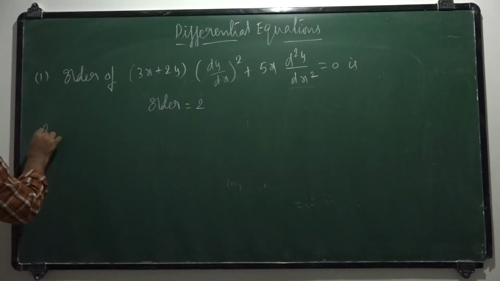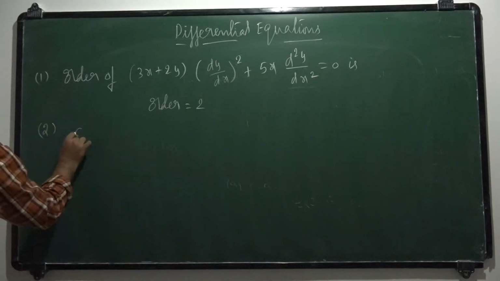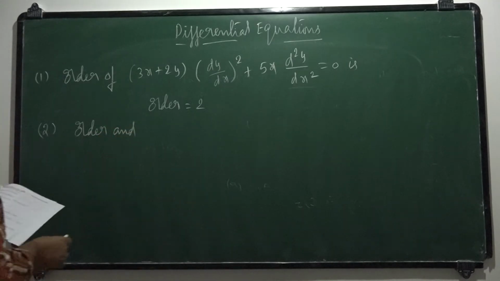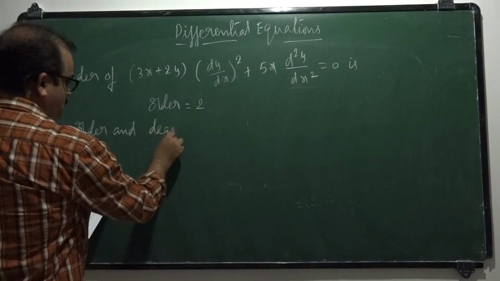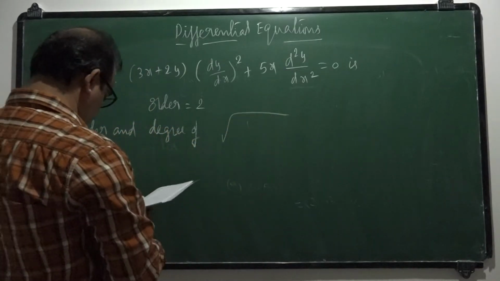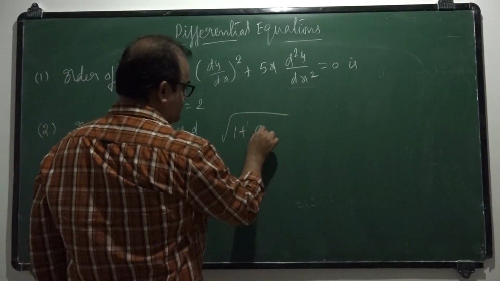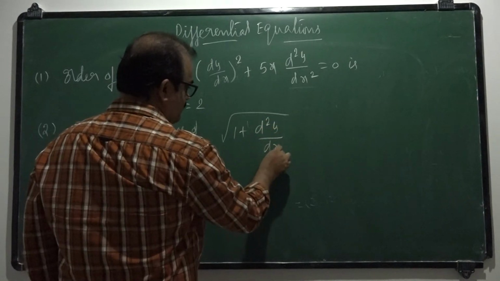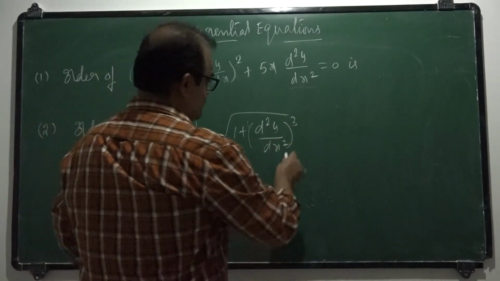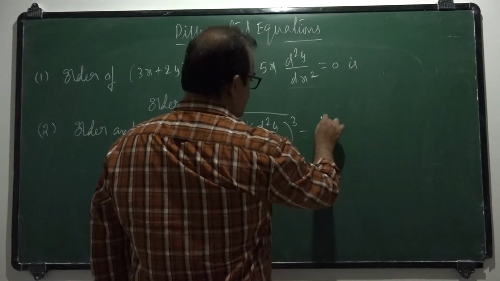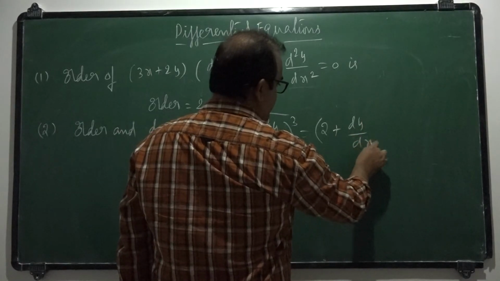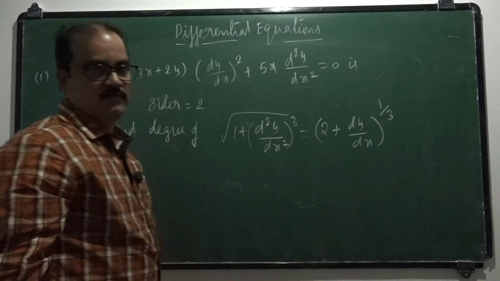Next, order and degree of square root of 1 plus (d square y by dx square) whole cube is equal to 2 plus (dy by dx) whole to the power of 1 by 3.